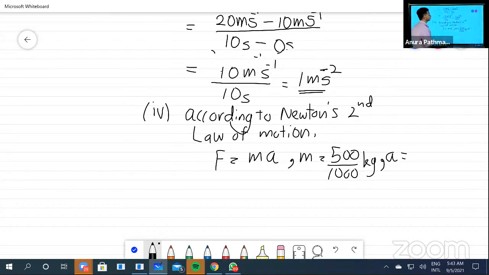Acceleration: okay, I put 2 earlier, it is wrong. It's 1 meter per second squared.